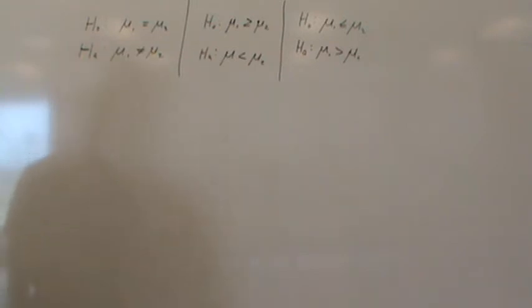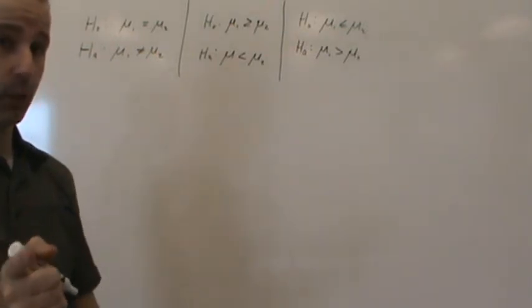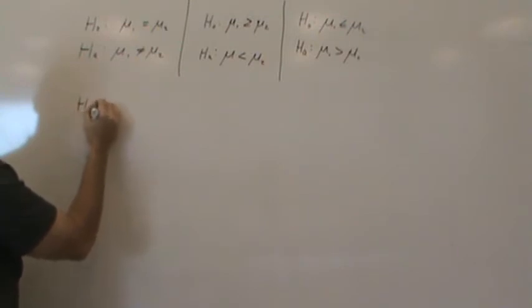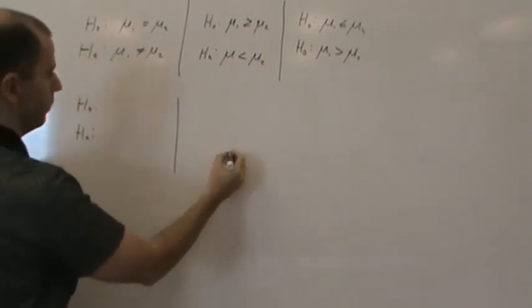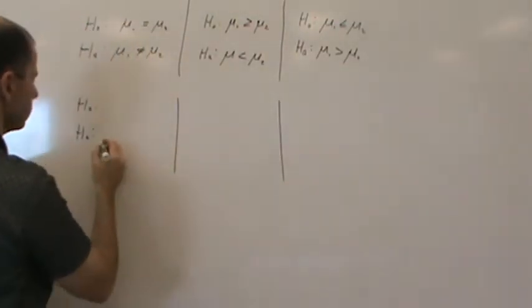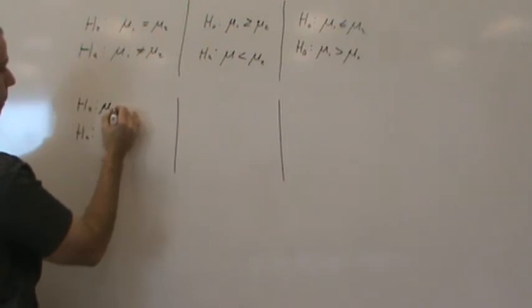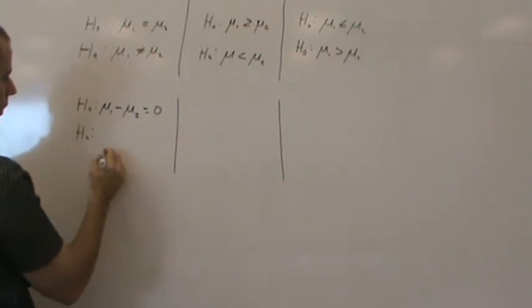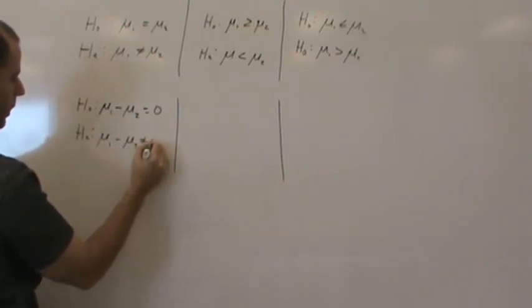Now, notice we can rewrite these hypotheses in an equivalent manner. We could also write these three pairs of hypotheses like the following. We could say mu1 minus mu2 is equal to 0 versus mu1 minus mu2 is not equal to 0.